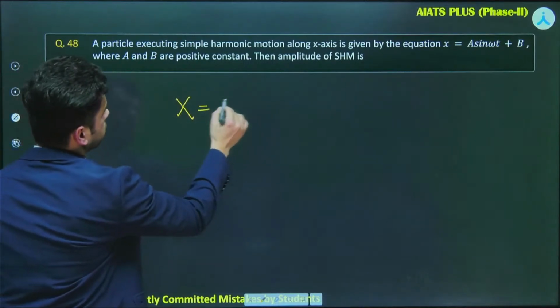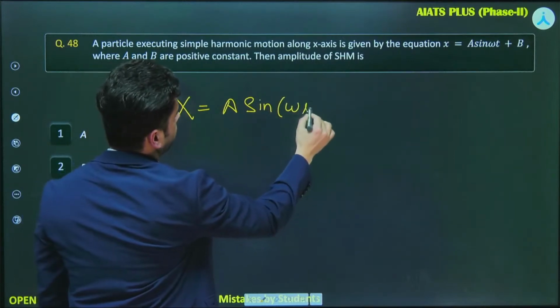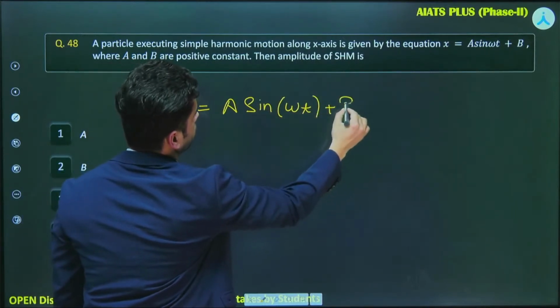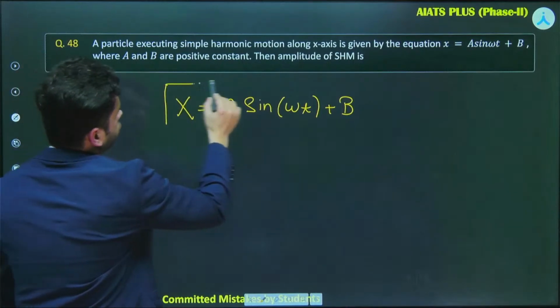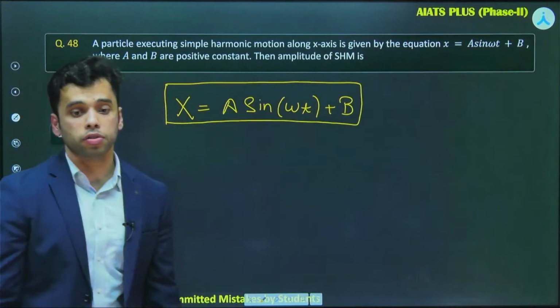x is given to you as a sin omega t plus b. This is the equation of the SHM, and you need to find the amplitude of the SHM.